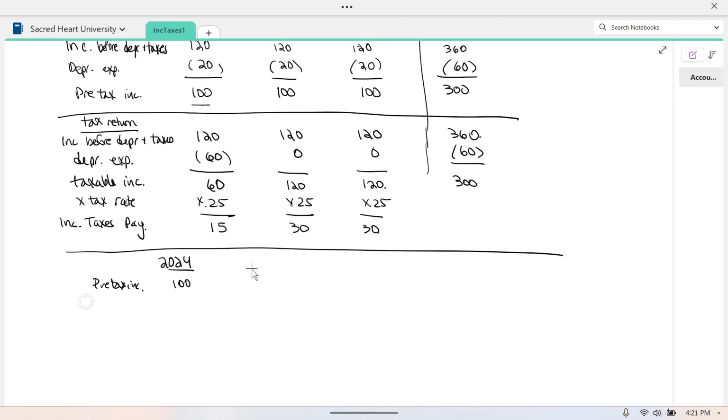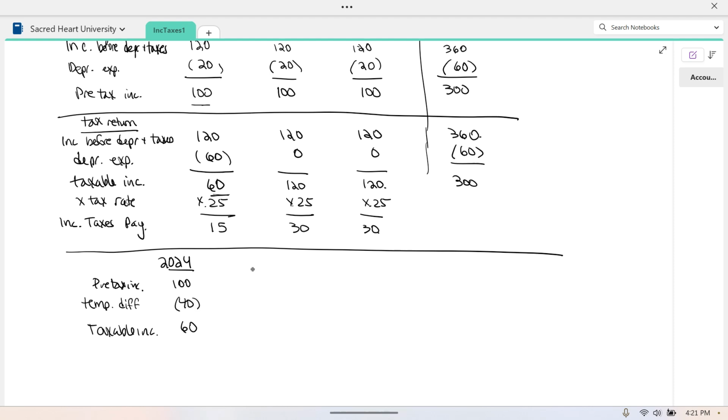We have a temporary difference that gets us down to our taxable income of 60. And that temporary difference is going to be a 40.